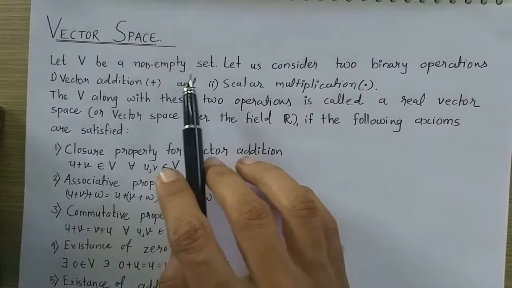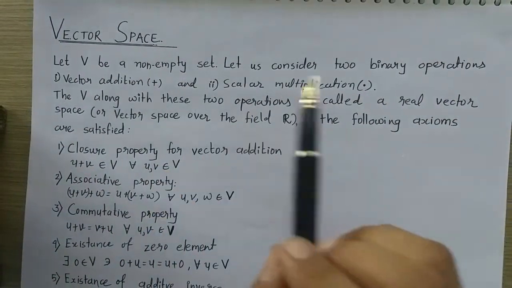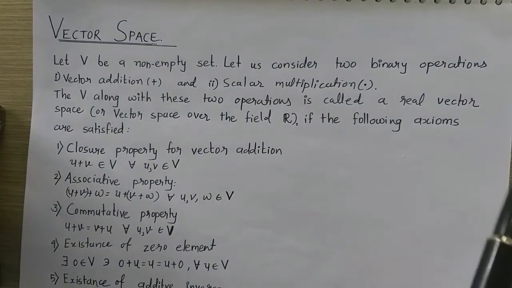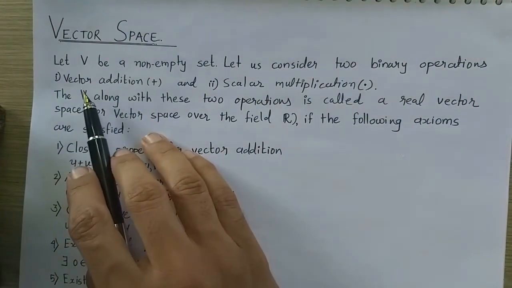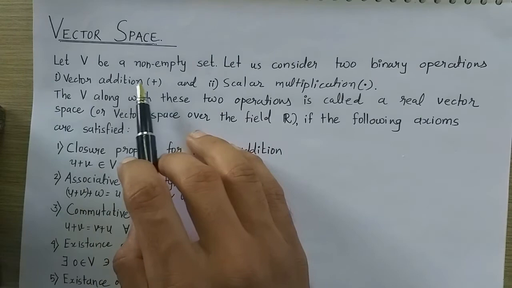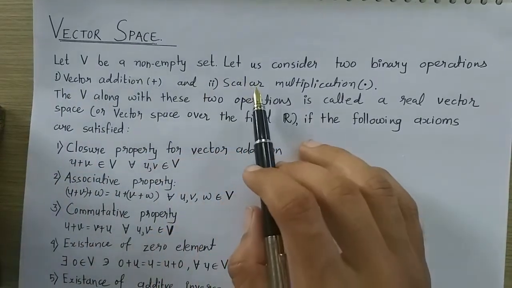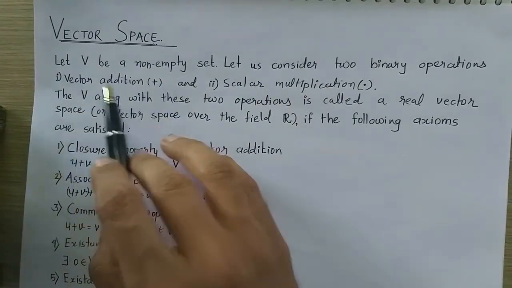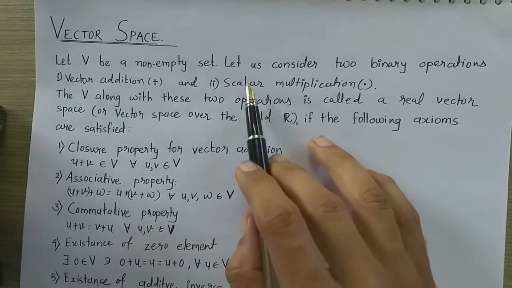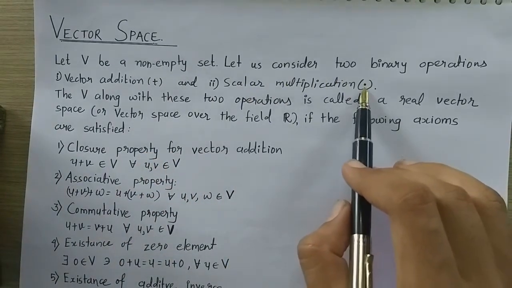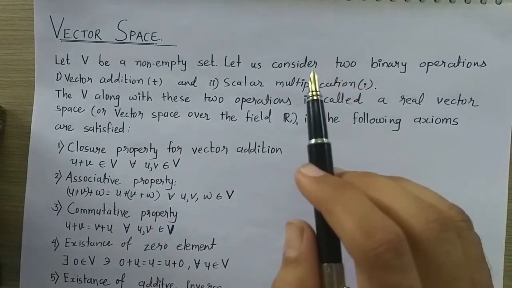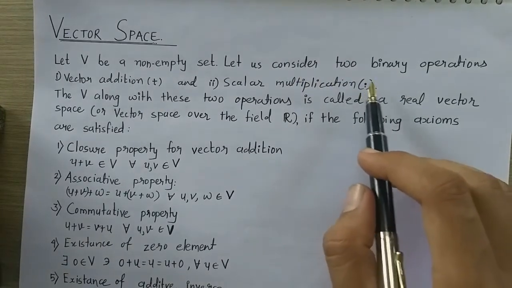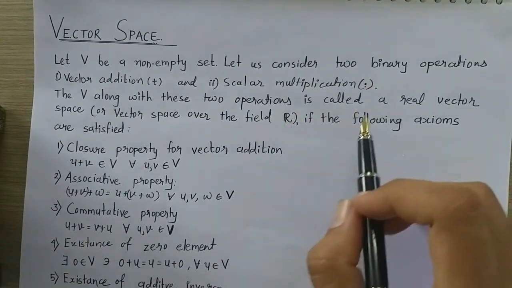Let V be a non-empty set. Let us consider two binary operations: vector addition, or simply addition, and second is scalar multiplication. Vector addition is denoted by plus, scalar multiplication is denoted by dot, or sometimes for the sake of simplicity we also remove the dot in our writing.